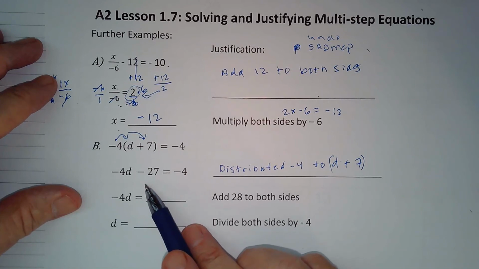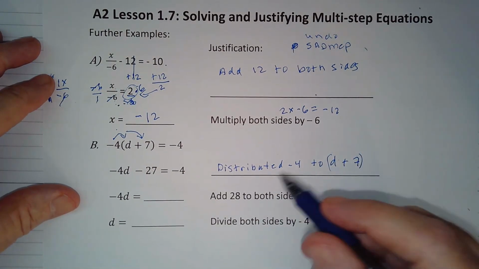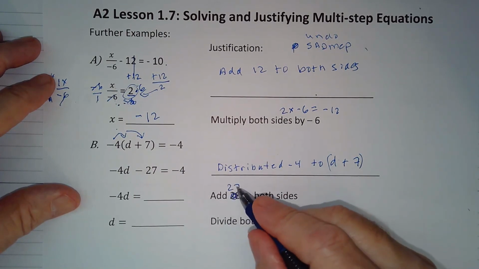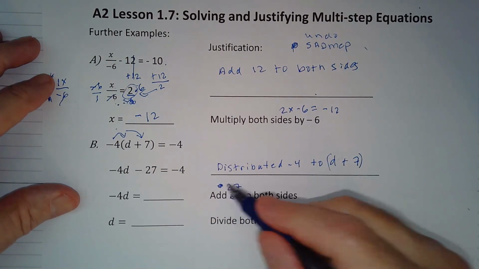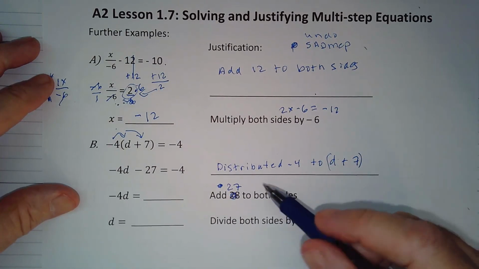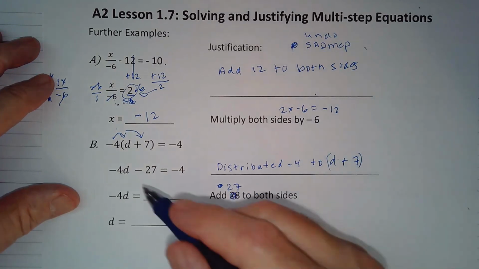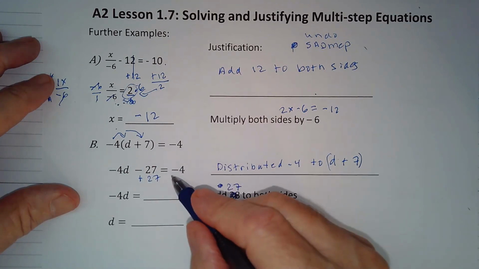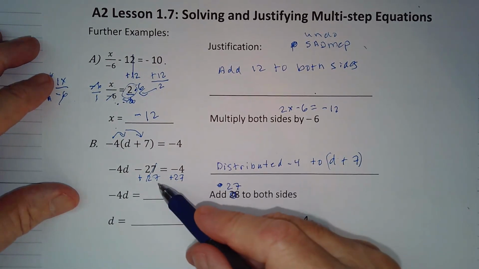Well, we must have done undoing, so we must have added 27 to both sides, okay? And, oops, I typed that wrong. Add should be 27, not negative 27. Well, add 27 because opposite of negative 27 is add 27. So there was a typo there. Just change that to 27 to both sides. So, all right, so if I add 27 to both sides, again, on the left side, negative 27 is eliminated.